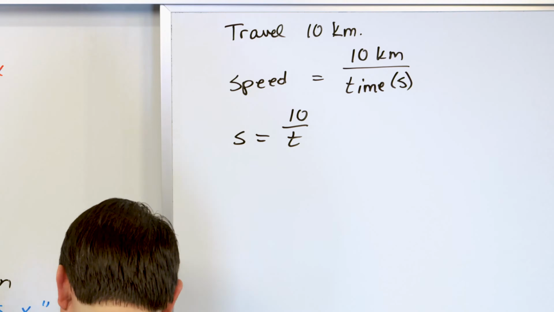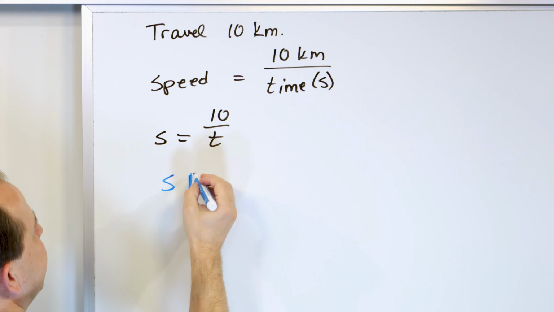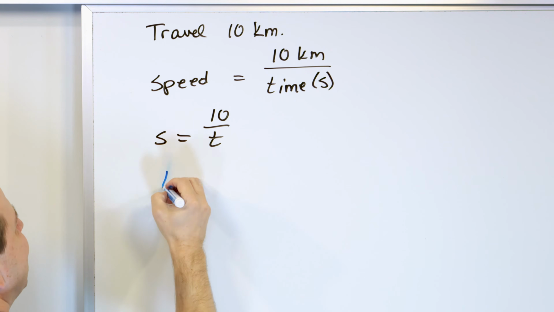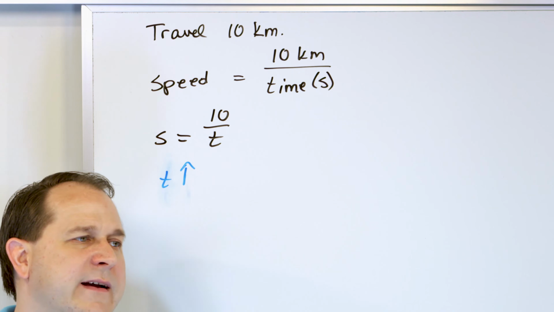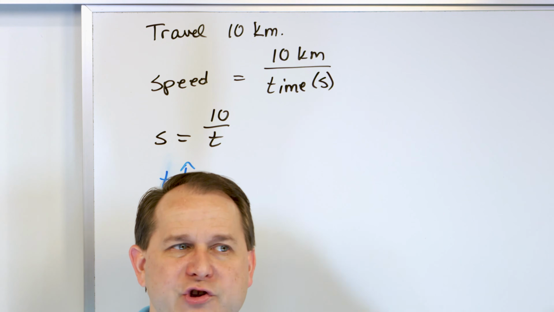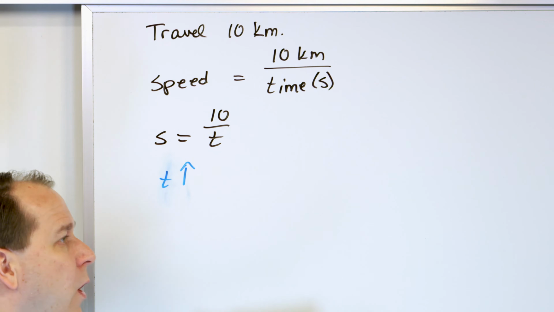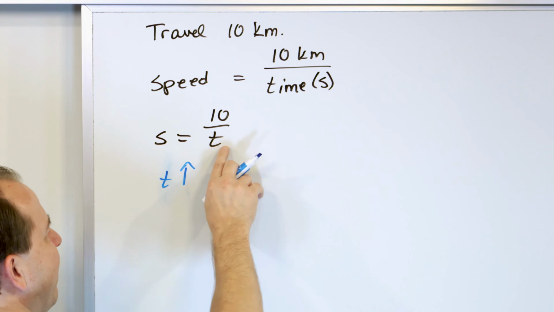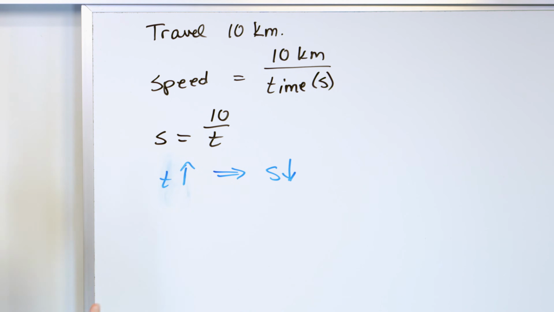And what this means is that as the time increases, in other words, as it takes you a long time, let's say it takes you 6 hours to make that journey. You convert that to seconds, a really long time. You must be traveling really slow. If it takes me 6 hours to get there, then I must be walking really, really slow. So as the time it takes goes very, very high, that means that my speed must have been really, really low.